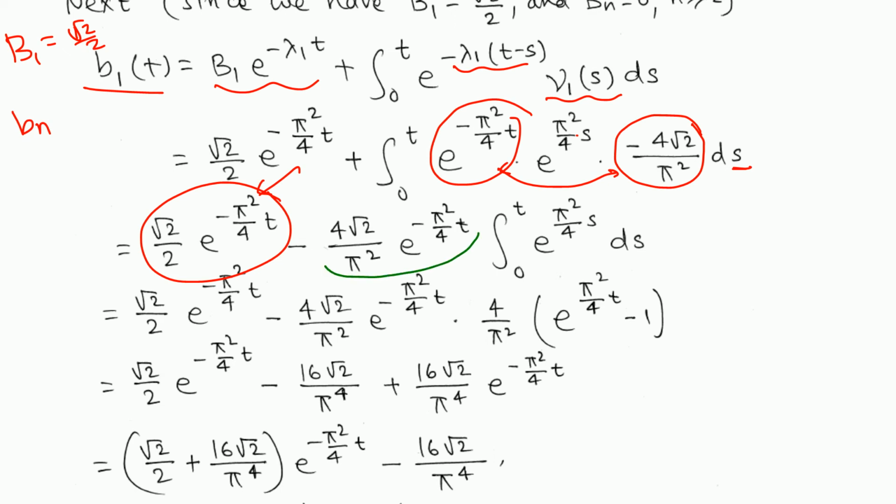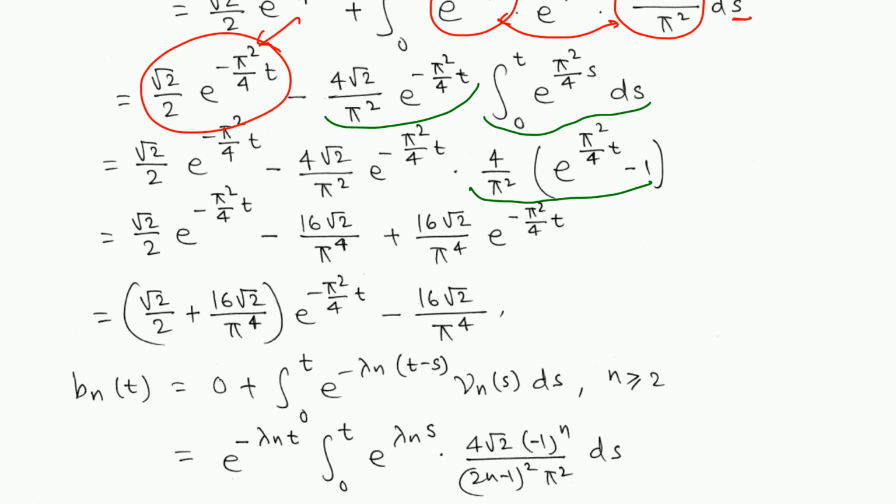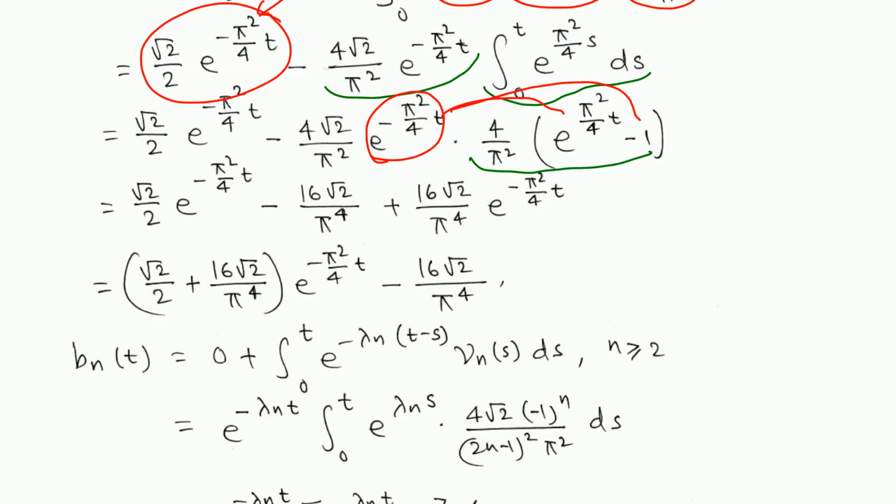So the integral from 0 to t of e raised to pi squared over 4 s ds, and we know how to integrate this. Once we integrate we get this. Now we can distribute this inside, we don't have to, but I did anyways. I'm just multiplying this inside to this and to this, and 4 over pi squared, 4 root 2 over pi squared, this is here.